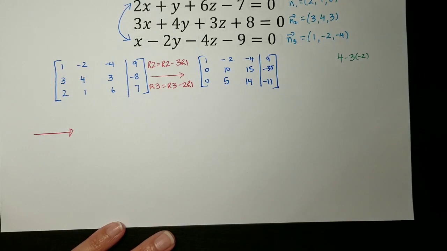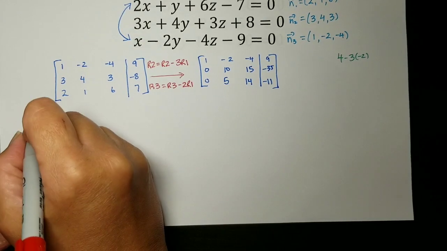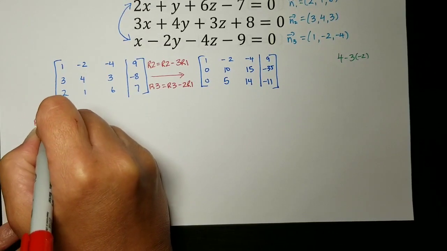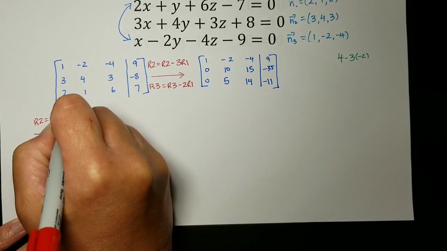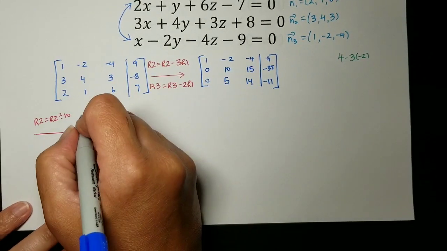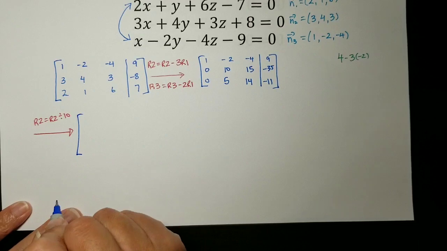I would never round a fraction, but if you have things like 0.5s, it's probably fine. And maybe for ease here, I will say row 2 is row 2 divided by 10, and just make those 1.5 and negative 3.5 when I divide.